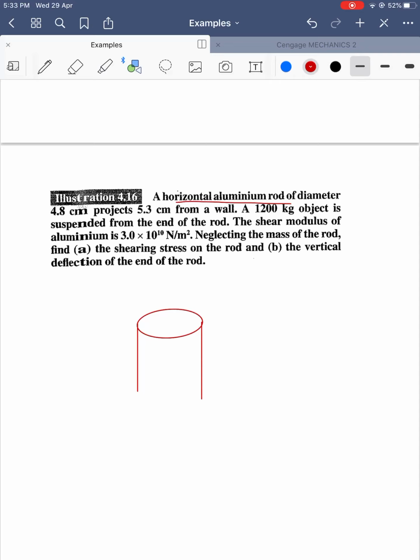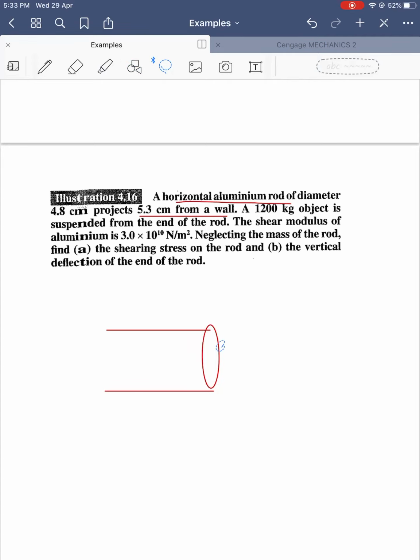It's not in the horizontal direction, it is in the vertical direction.